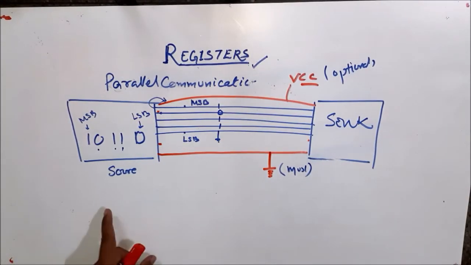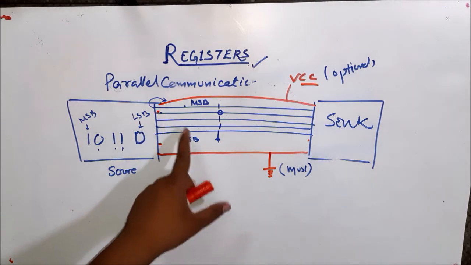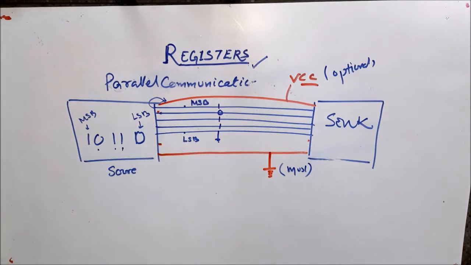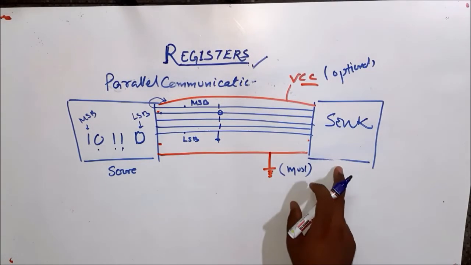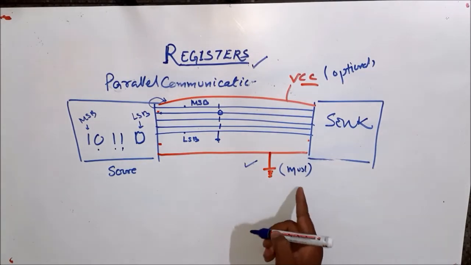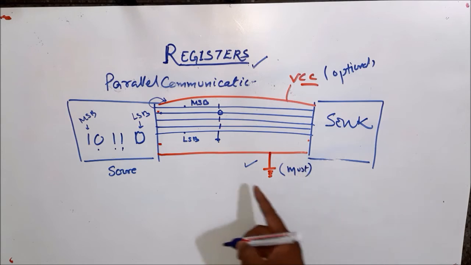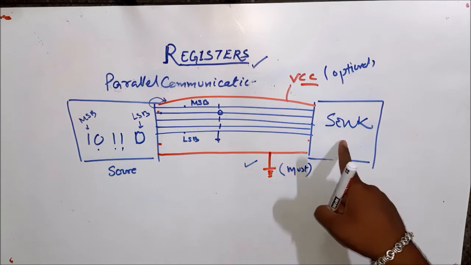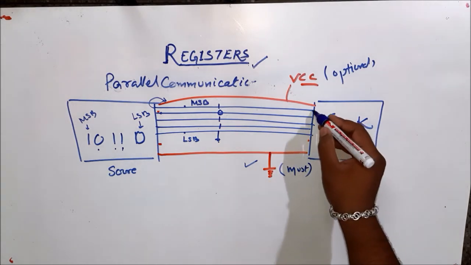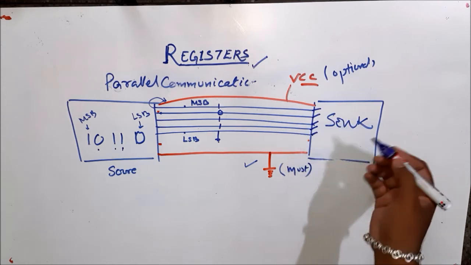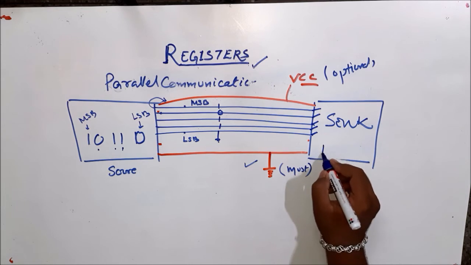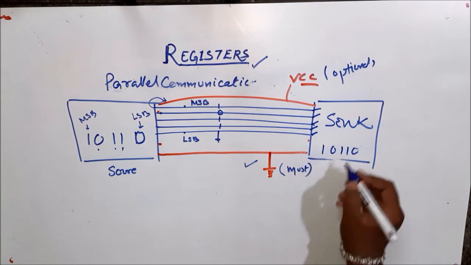If the source connects these 5 lines in this fashion, then the sink automatically understands, because source and sink handshake with a common ground. As they handshake with a common ground, the sink will sense each line, and it recovers all the data: 10110.